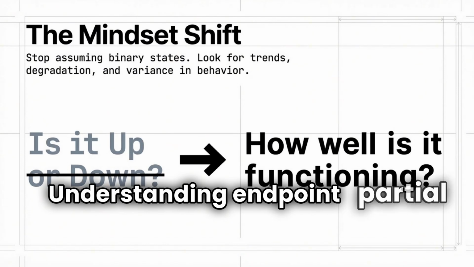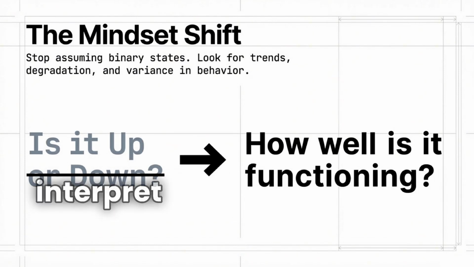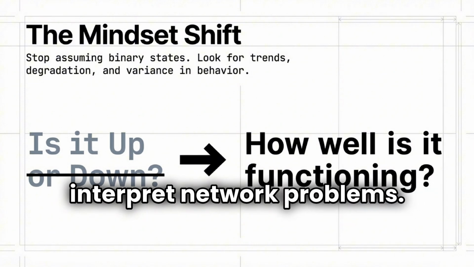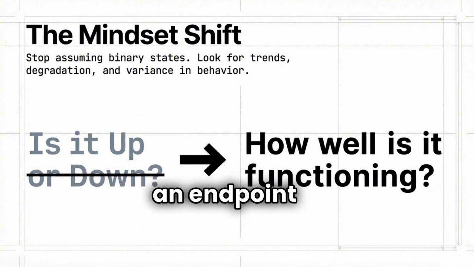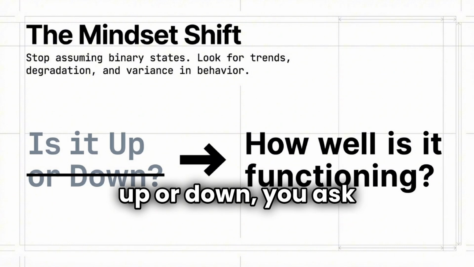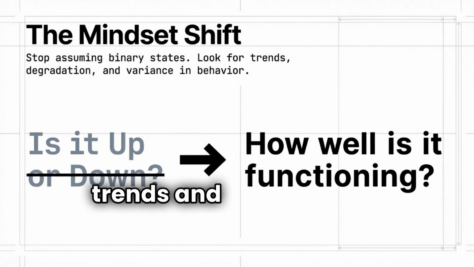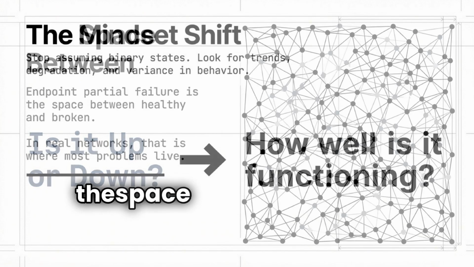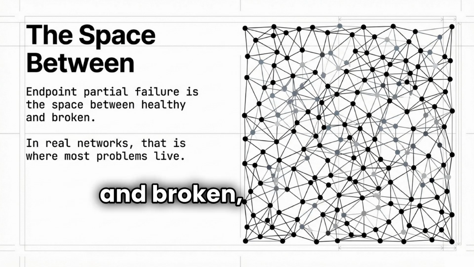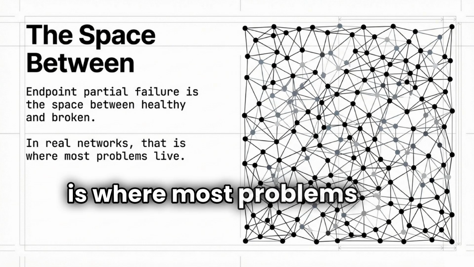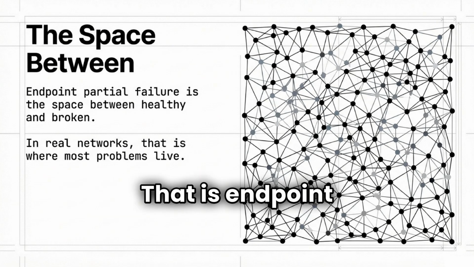Understanding endpoint partial failure changes how you interpret network problems. Instead of asking whether an endpoint is up or down, you ask how well it is functioning. Instead of assuming binary states, you look for trends and degradation. Endpoint partial failure is the space between healthy and broken. And in real networks, that space is where most problems live. That is endpoint partial failure.